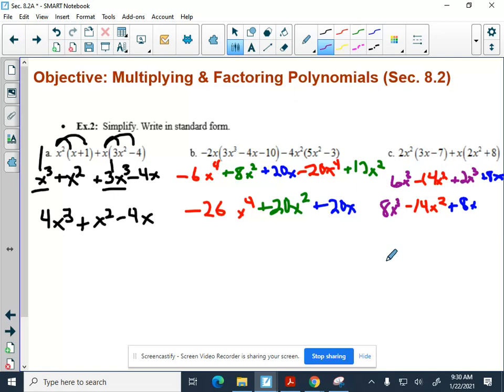Should get us 8x to the third minus 14x squared plus 8x. I'll leave it up there, but that is the entirety of this lesson. How'd we do?